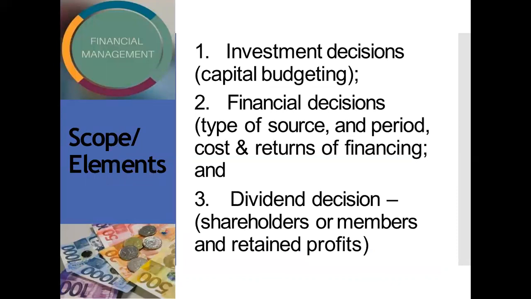Now, what are the scope and the elements of financial management? First of all, investment decisions. When we have finance, we would not keep it aside only. We would definitely invest the finance somewhere. Why would we invest the finance? In order to get good returns.